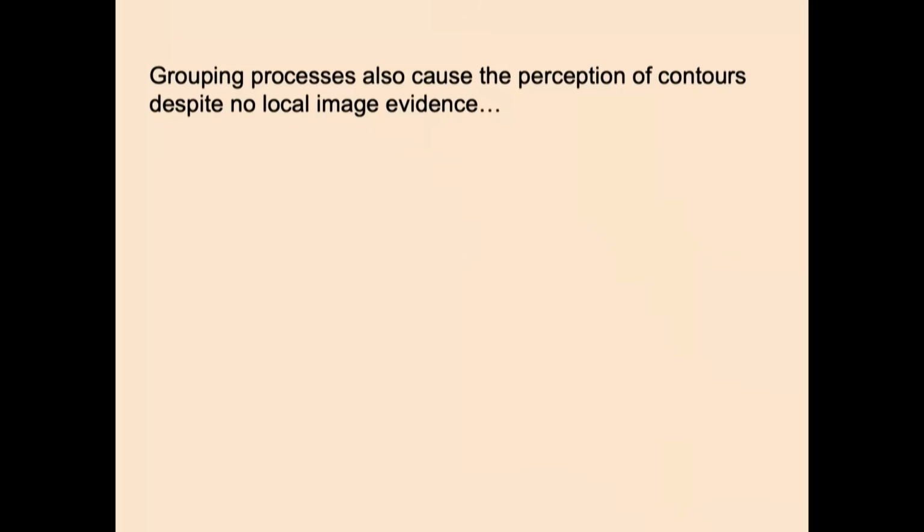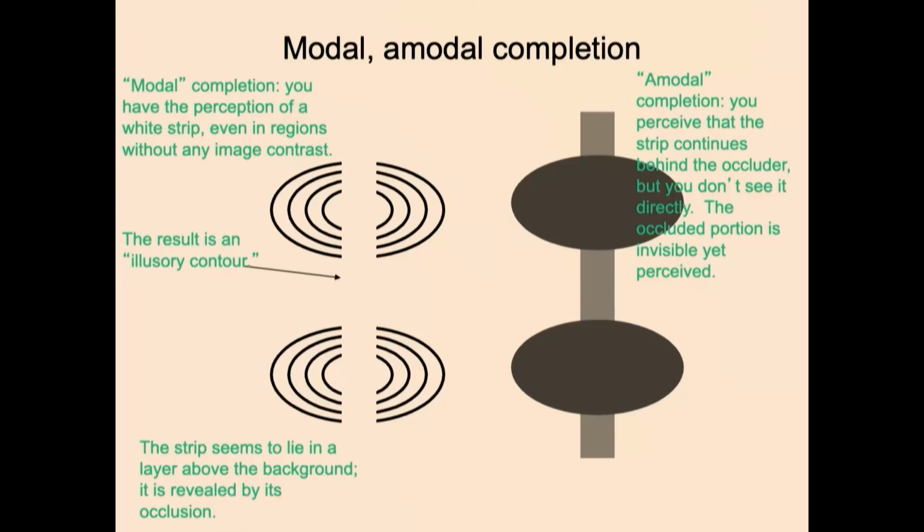So another place where grouping processes are evident are cases where we perceive contours in the absence of local image evidence. Okay, these are also often known as illusory contours. And these two displays illustrate this.